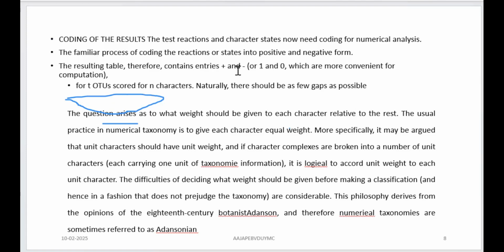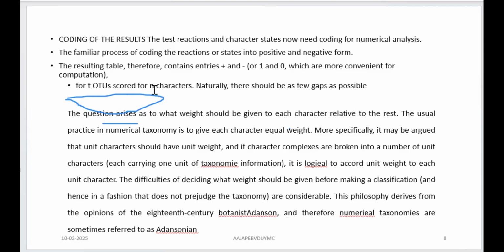That is what we generally do, or it could be put in terms of 1 and 0, which is common and convenient for your analysis using computers or for computation. All right, so what you are going to have is t OTUs and scores for n characters.